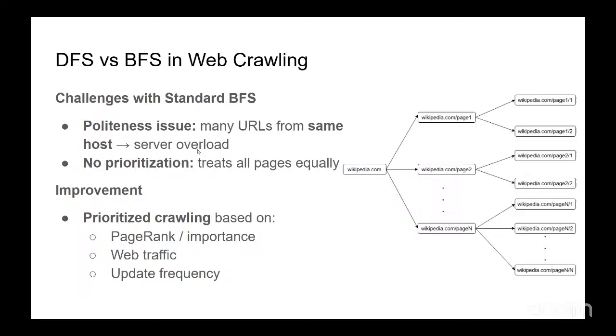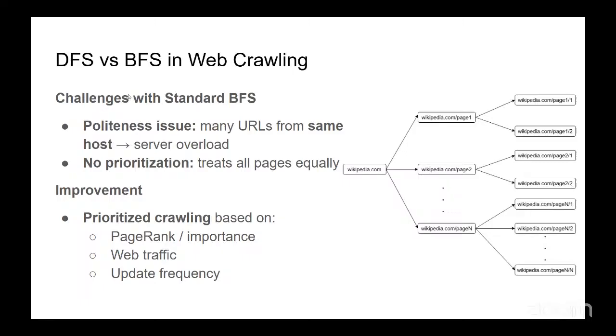Our web crawler should be polite. It shouldn't send too many requests or overload the server. If we are crawling the Stanford website, it shouldn't put a lot of requests on the Stanford servers because it will overload that server. So it should be polite, right?